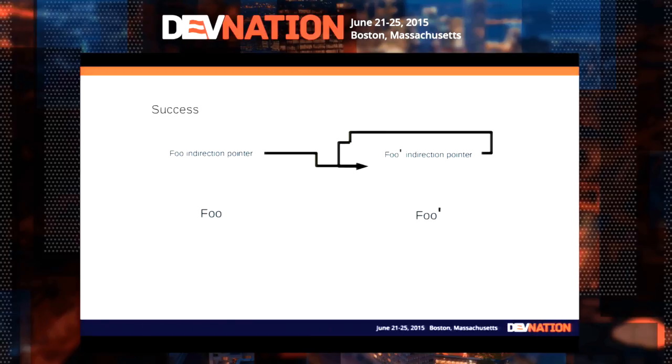Everybody now agrees on where the one true copy of foo is. Both the compiler and the garbage collector know where it is. If that CAS fails, that means somebody else CASed in a forwarding pointer before we got to it. And we all agree that foo double prime is the one true foo. Moving forward, that's the copy of the object we use. Because we made this speculative copy in thread local storage, we can roll it back, so that space is not lost.